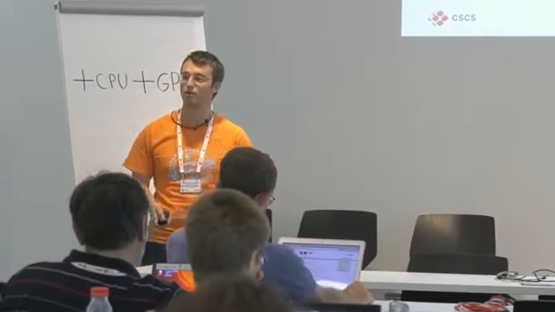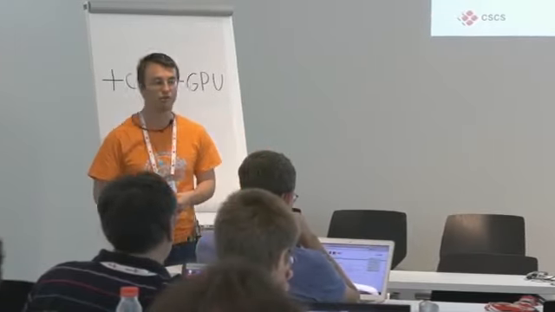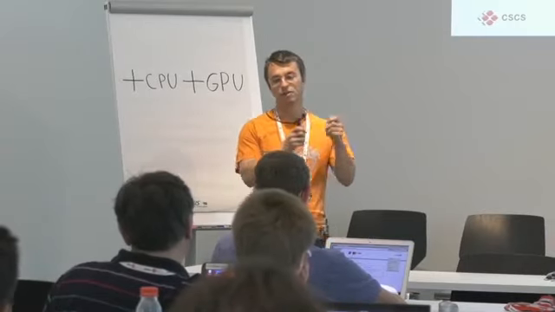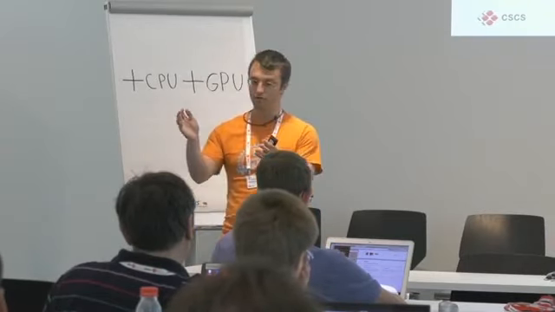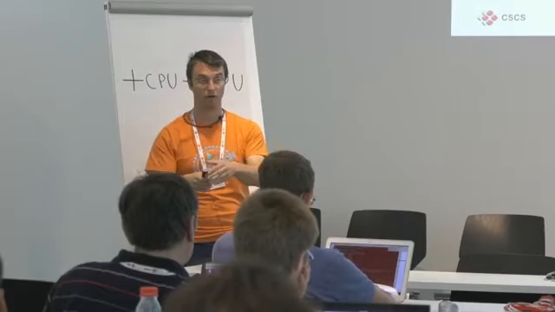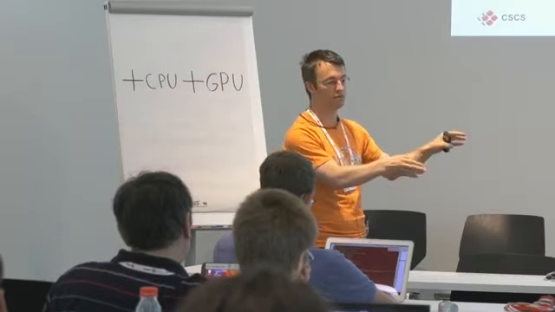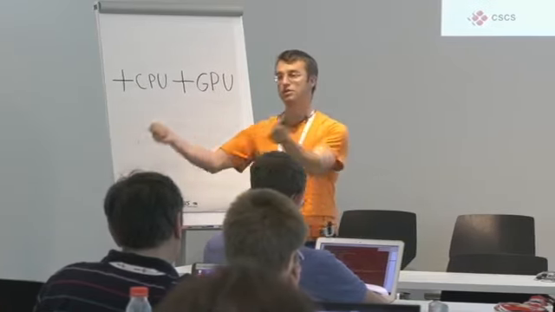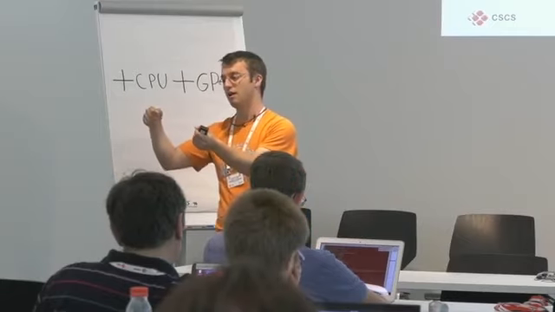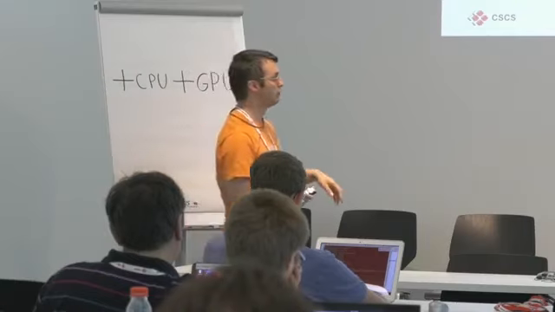If you see what's going on in the CPU, you have hundreds of threads, but only a bunch of processors. So the operating system evicts the registers of the current process that is running, stores them somewhere in memory, brings in the registers of the next process, and goes on. This is called a context switch.